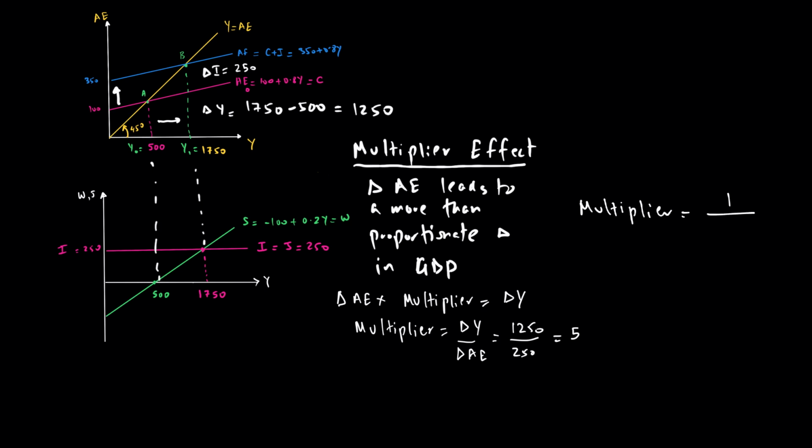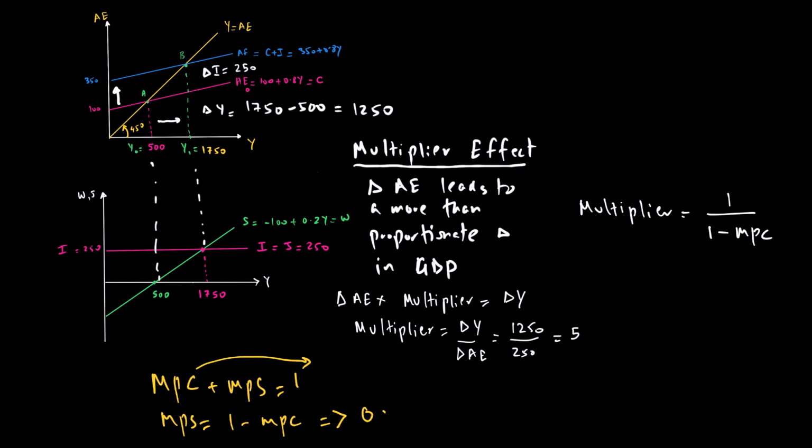Now the way we get this value of 5 is basically, we say the multiplier is equal to simply 1 over 1 minus MPC. In other words, we know that our MPC plus MPS is equal to 1, which means my 1 minus MPC would be equal to MPS, which is going to be, in this case, equal to 0.2, because my MPC is 0.8 and my MPS is 0.2.